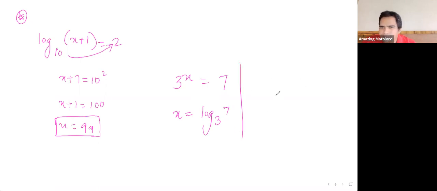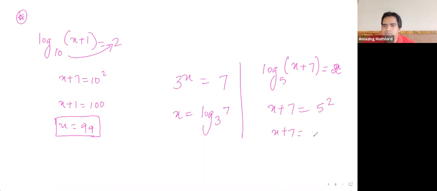Now, coming to one more problem, on elimination of logs. Suppose we got log of x plus 7 to the base 5 equals, let's say, 2. How do we do this question? So x plus 7 equals 5 to the power 2. So x plus 7 is 25.